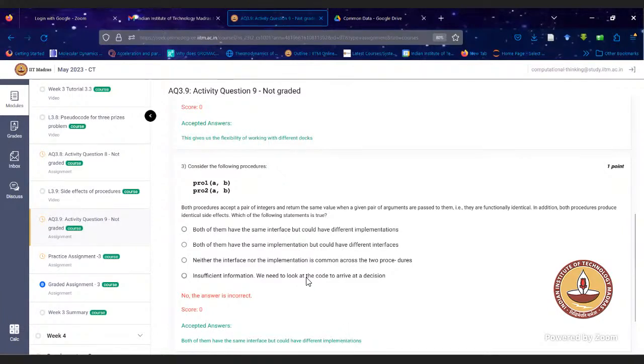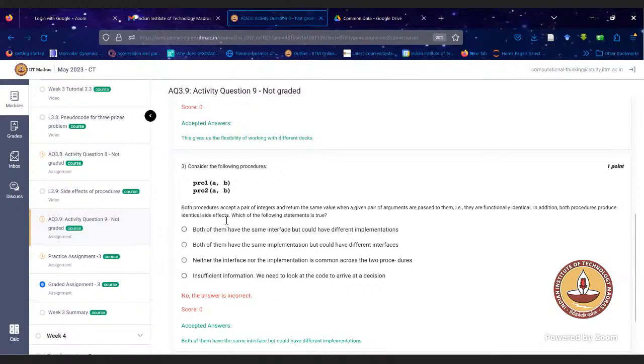But why does it have the same interface? Because the idea of an interface is that you give a certain set of inputs to a procedure, and the procedure gives you a certain set of outputs from its side. That is the only transaction happening between the caller and a procedure. So whatever is given and whatever is taken remains the same, which is why both of them have the same interface.